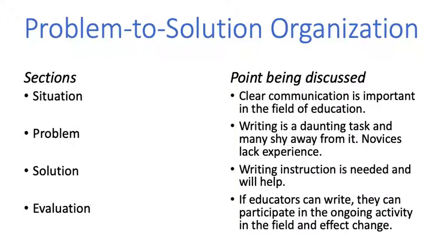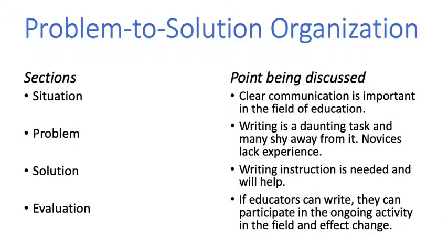The problem that writing is difficult and many lack necessary experience in the craft needs to be corroborated with references to other published papers on the topic. An explanation of the causes of the writing challenges would be appropriate here as well. Under the solution area, specific details about what kind of writing instruction would help.